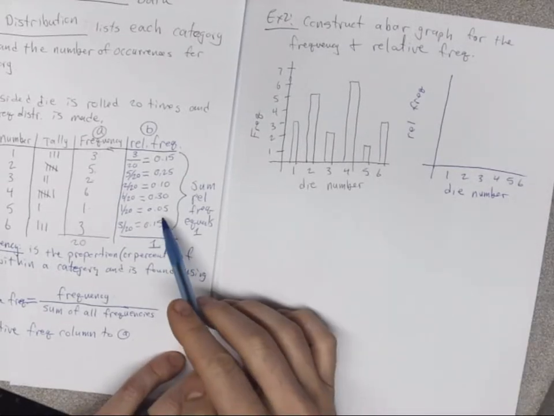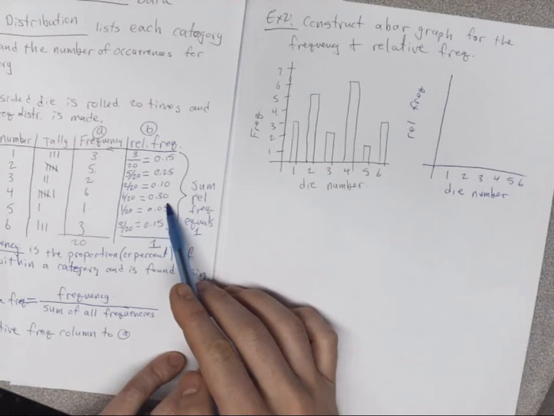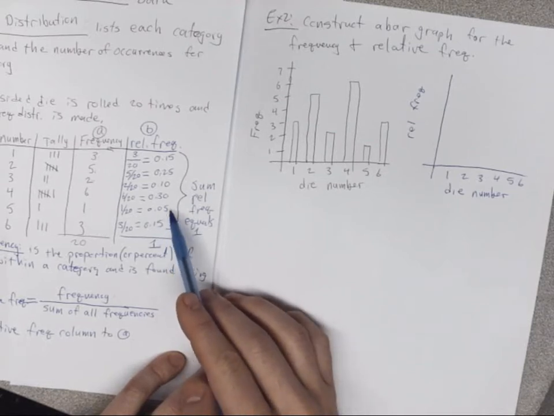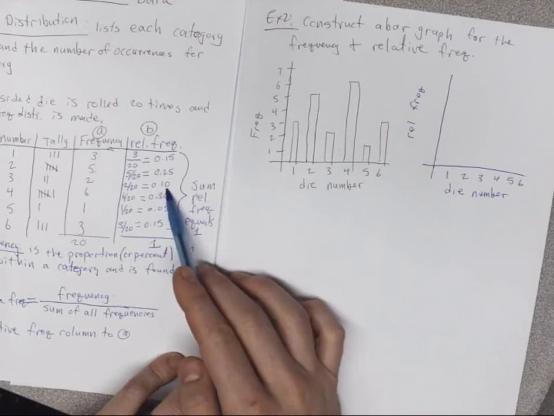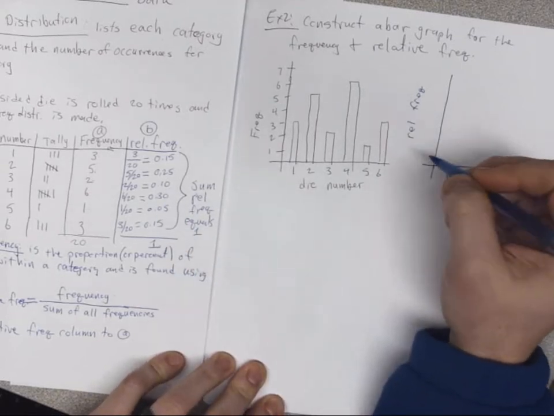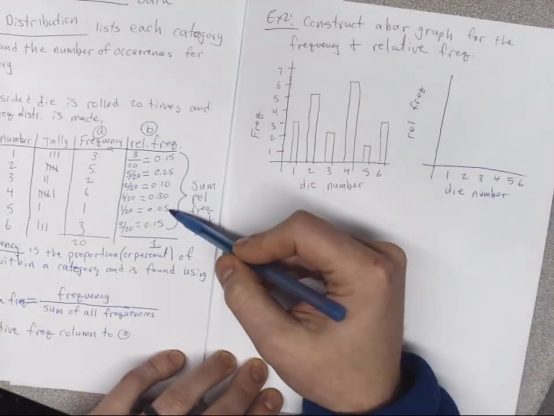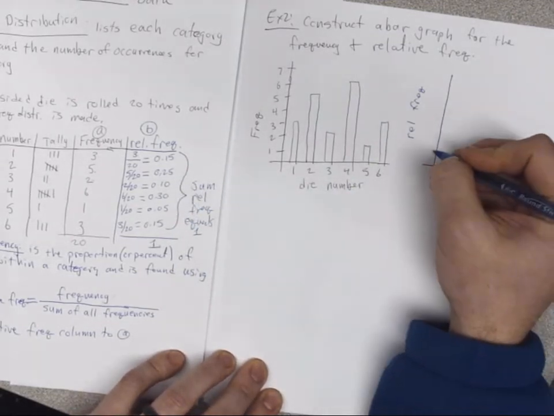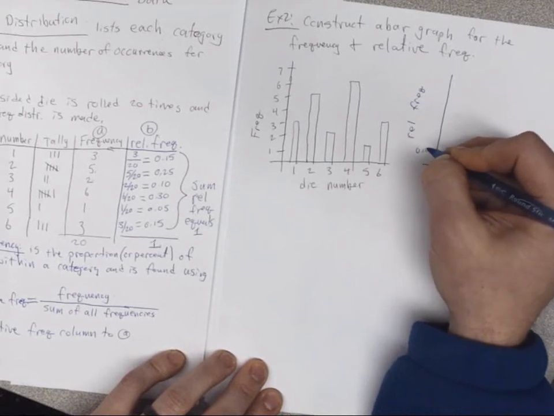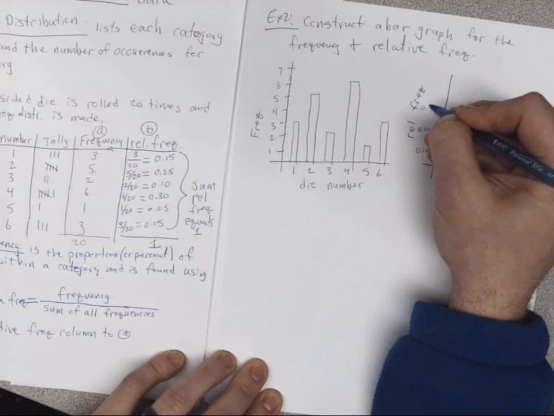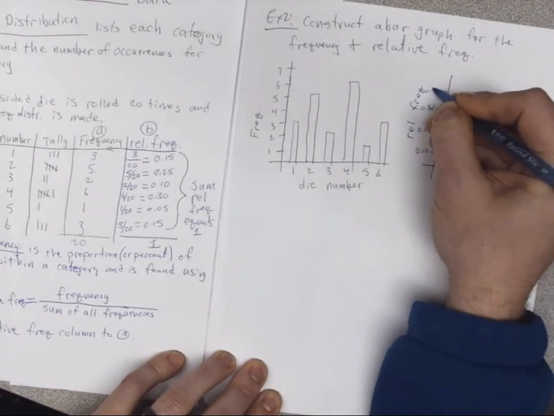So come back to our graph, and our lowest is 0.05 and it goes up to 0.3. So I'm just going to go in increments of 0.10 up to 0.40. As you work these, you'll get the hang of this. It'd be a lot of writing to do 0.05 all the way up, so this is perfectly acceptable. So 10%, 20%, 30%, 40%.